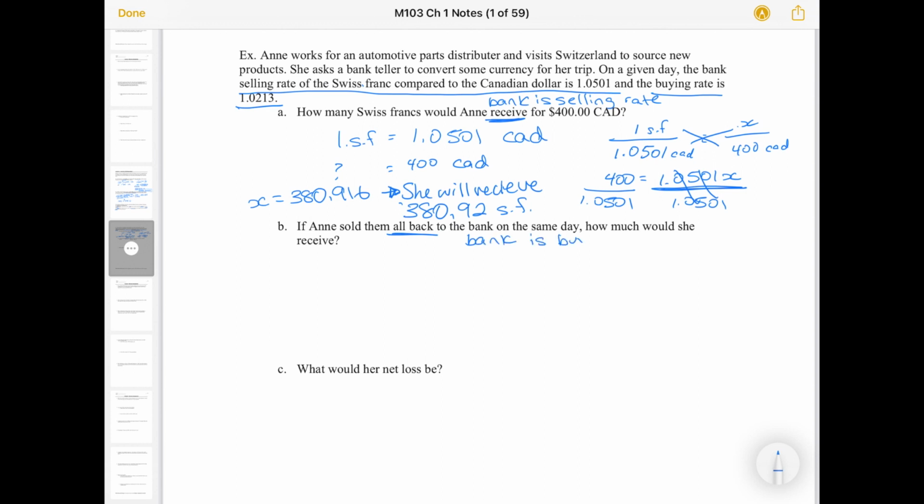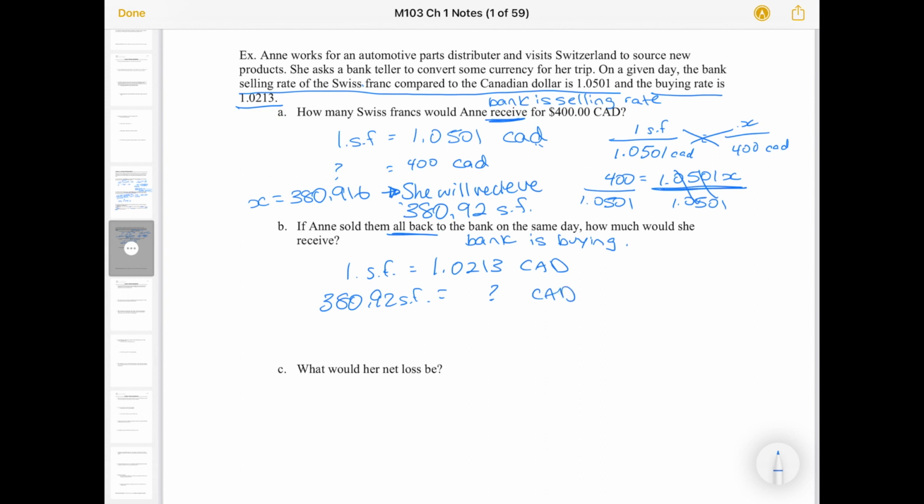So now the bank is going to say, well, 1 Swiss franc equals 1.0213 Canadian. They sold it to her at 1.05, but they're going to buy it at 1.02. And she has 380.92 Swiss francs, and we need to find out how much Canadian she's going to get.